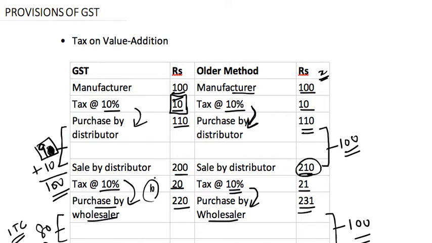So the tax is in effect charged only on the value addition and not on the entire value. This is what differentiates GST from the older method before VAT, which was being followed in India, and this is how it reduces prices.